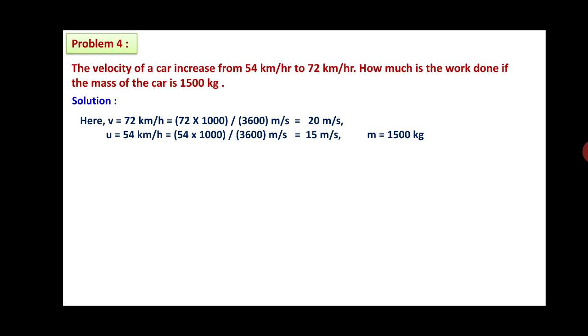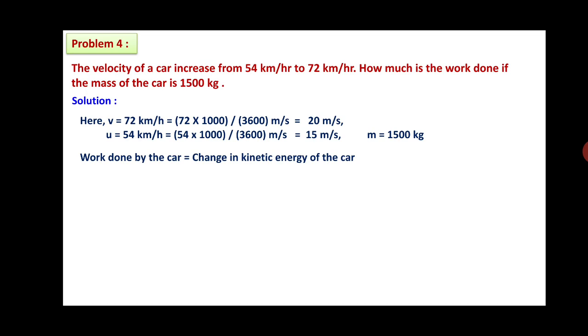Secondly, u is equal to 54 km per hour, which is equal to 54 into 1000 divided by 3600 second, which after simplification is 15 meter per second. Means final velocity v is 20 meter per second, that is the velocity after time t, and initial velocity u is 15 meter per second, and mass given is 1500 kg.